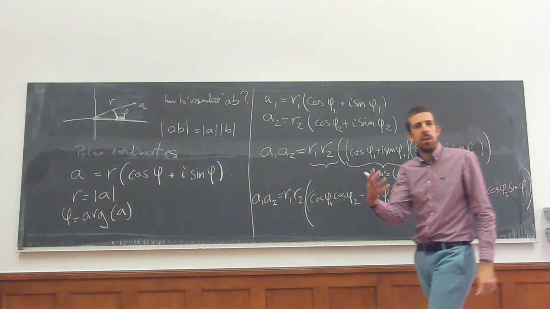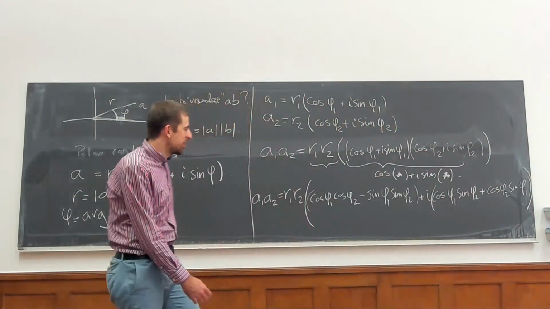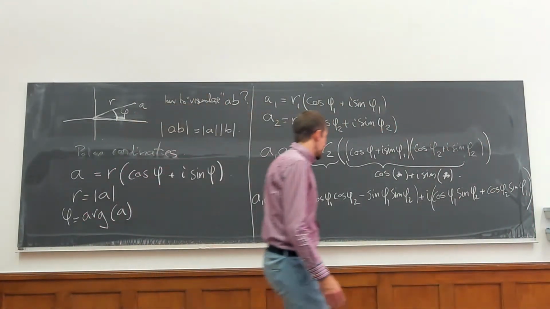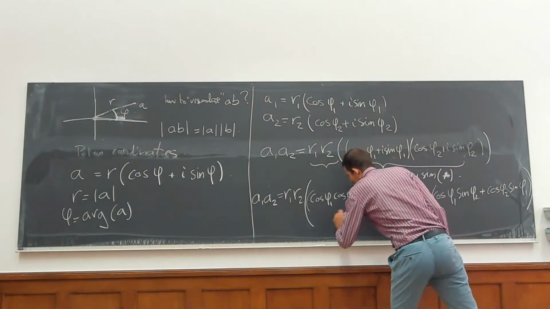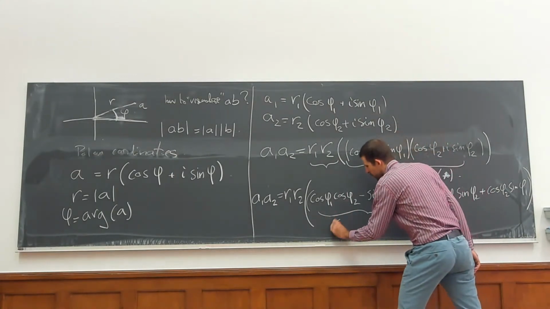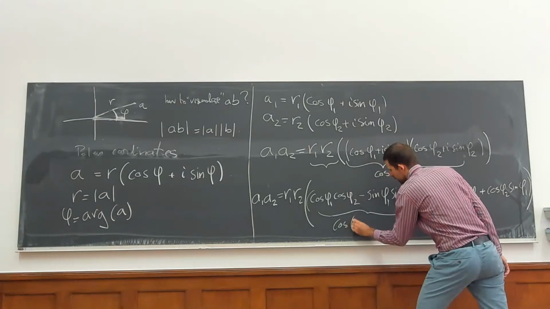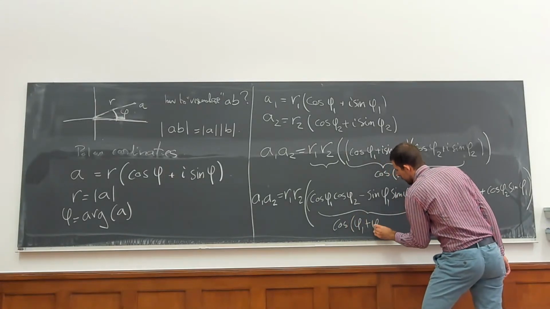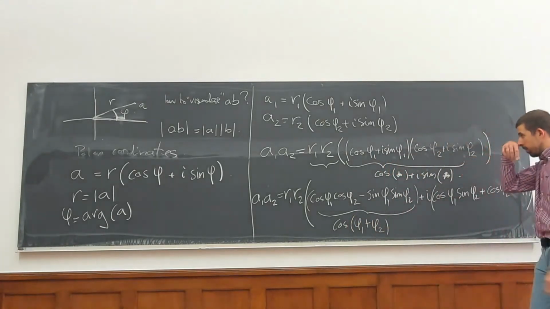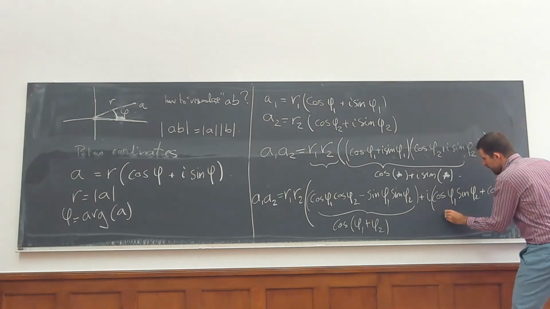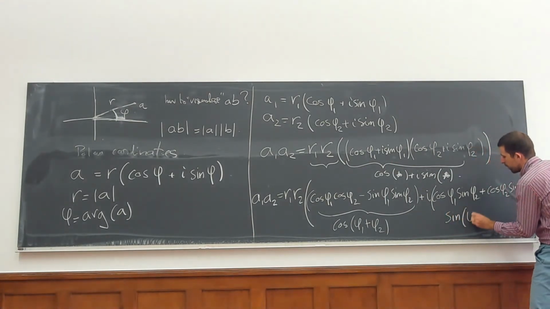Okay, now go back to your formulas in trigonometry, and you might remember that this is just the formula for the cosine of the sum. And this is the formula for the sine of the sum.